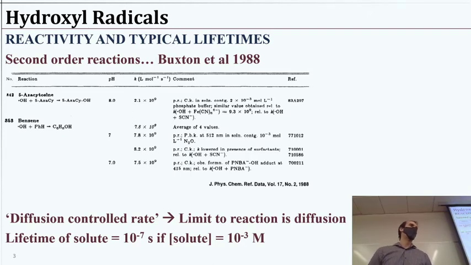Maybe that's a better way to conceptualize it now that I'm thinking about it that way. So regardless, it just kind of shows they react really quickly, and whenever we get to solving problems with second order kinetics, we'll see these rate constants cause things to happen really quick.